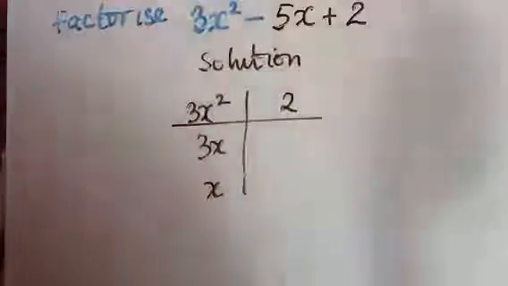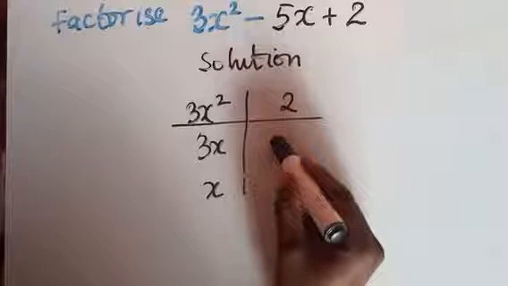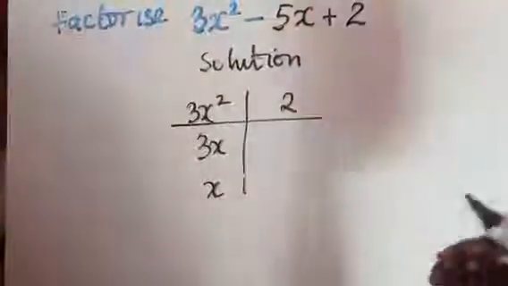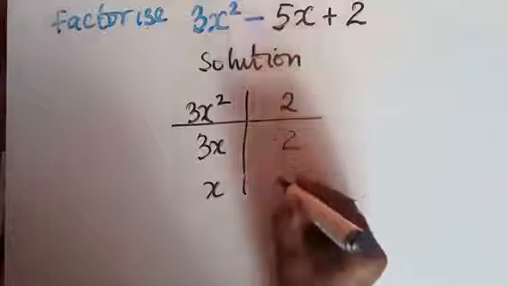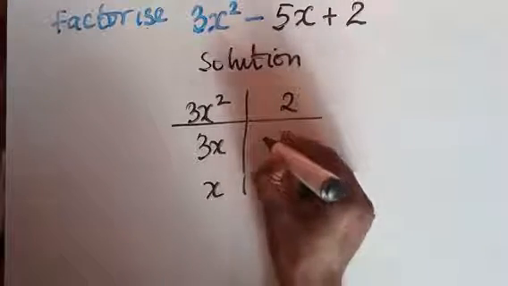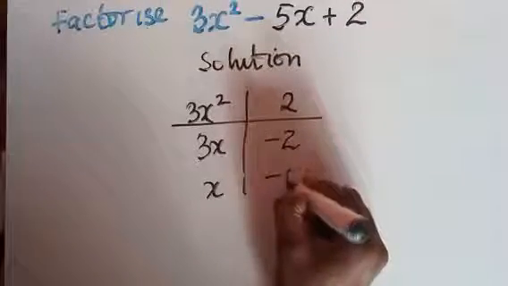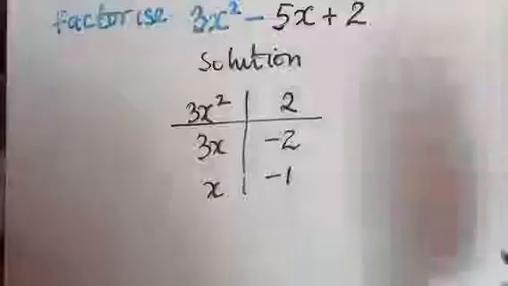So the best thing to do, because this one is starting with the highest figure, is to start with the one perceived to be higher numerical value. So I will start with negative 2 here, then negative 1, negative 2, then negative 1. Good. So I will try and see whether it will agree.